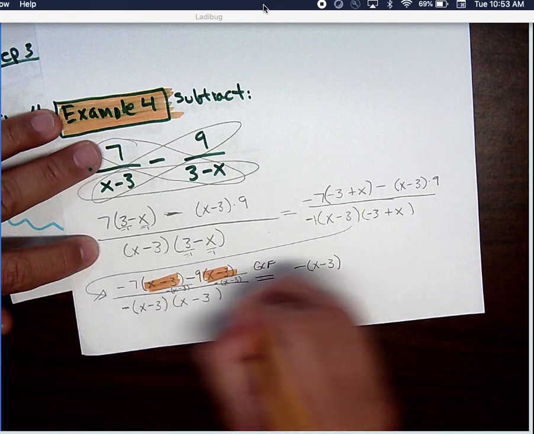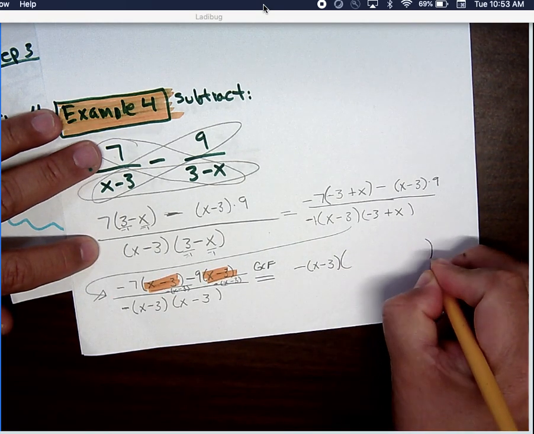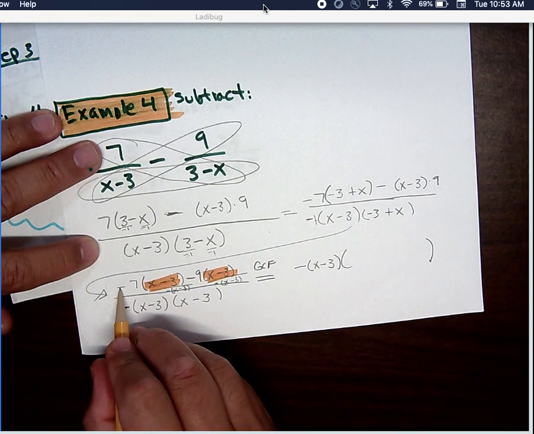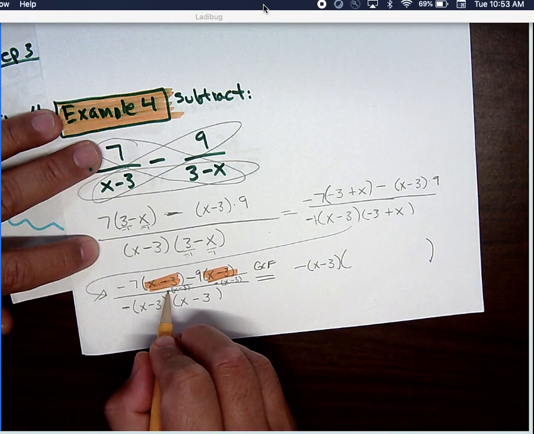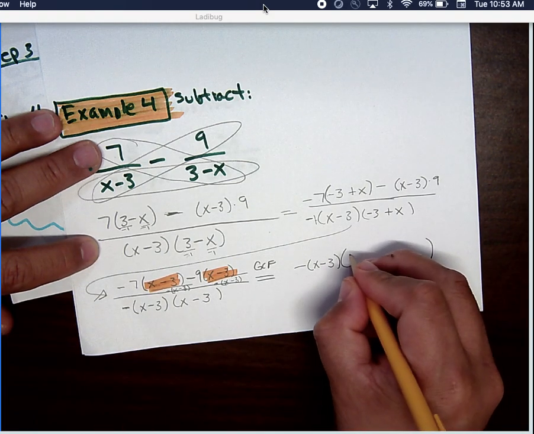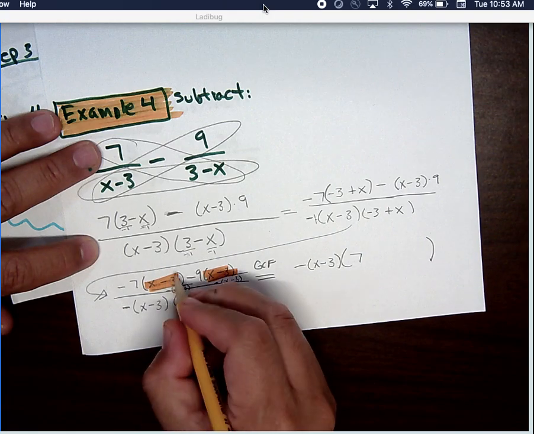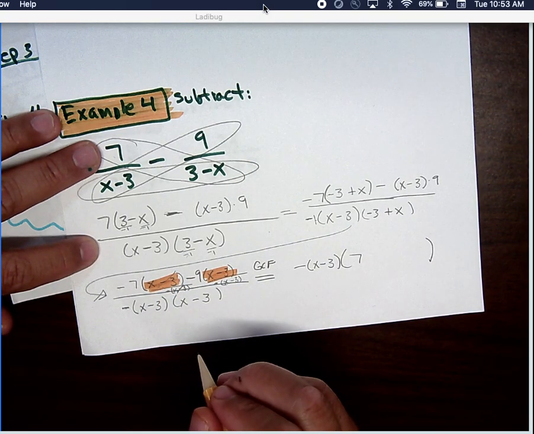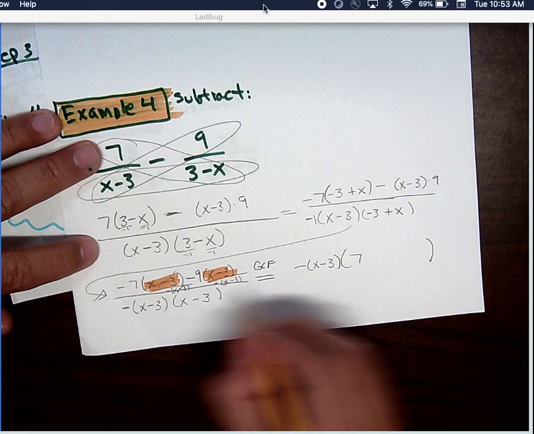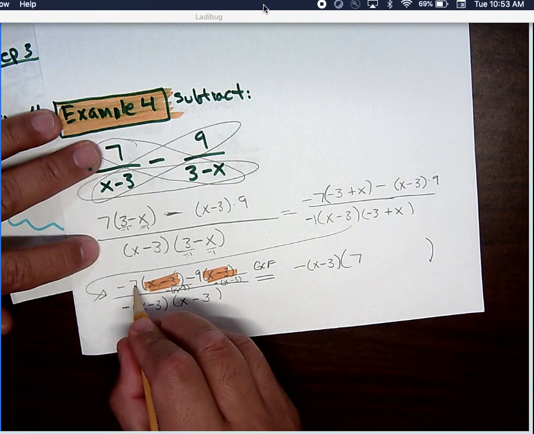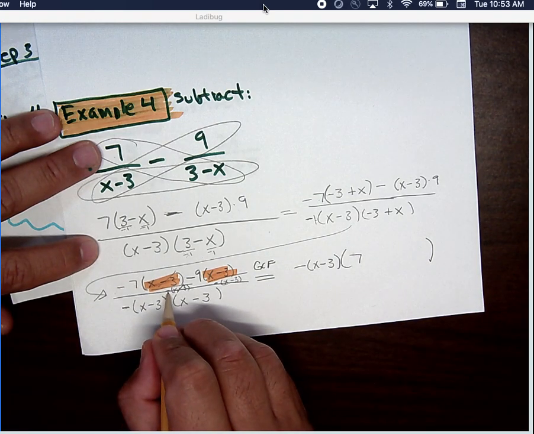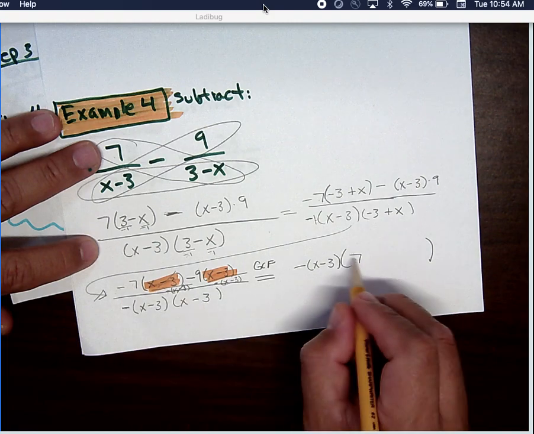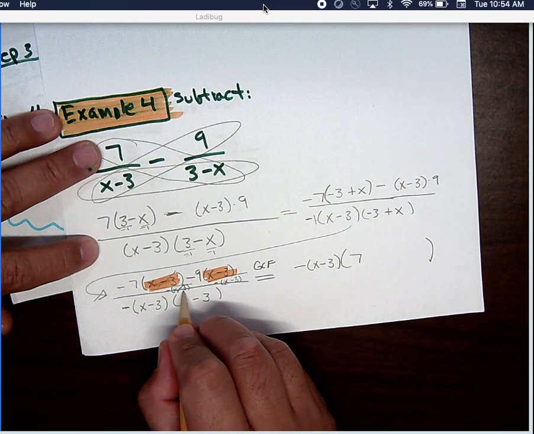And then we have all of these in parentheses. So negative over a negative becomes a positive, and then the 7 stays. The x minus 3 simplifies, it cancels for this part. So that's where we're left only with the 7. Negatives became positives, 7 stayed, and the x minus 3 cancel.